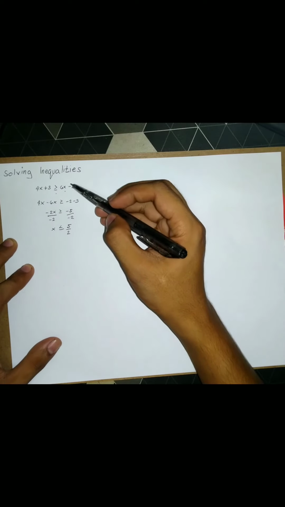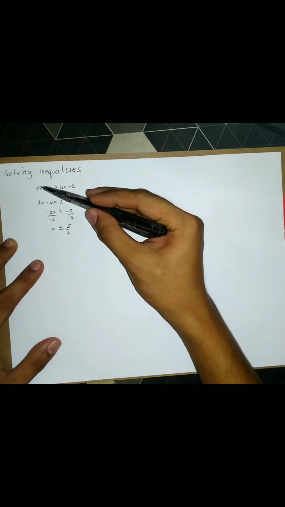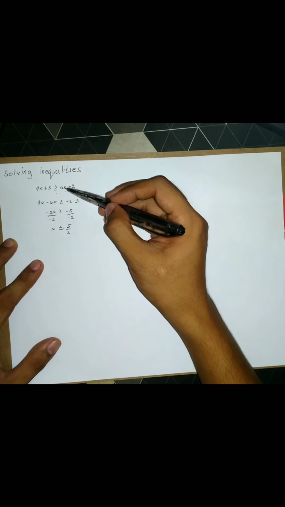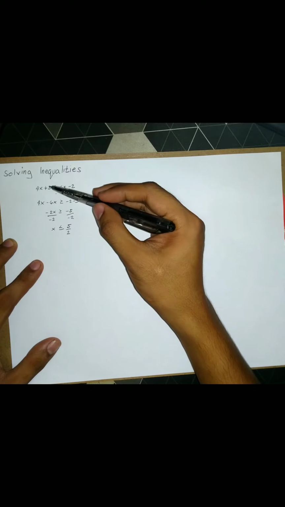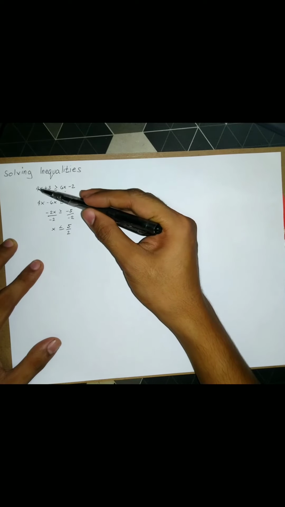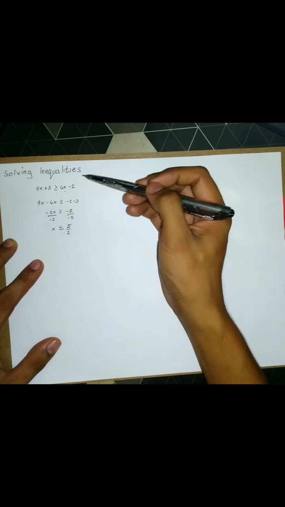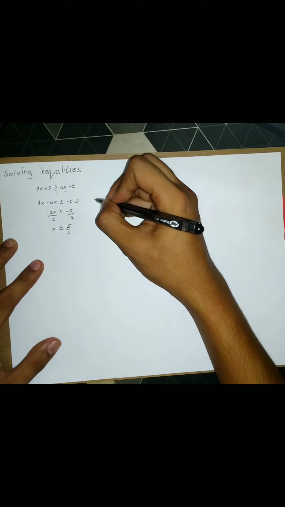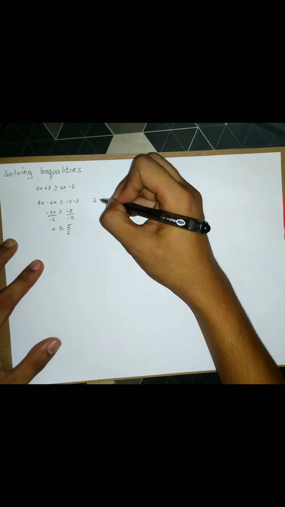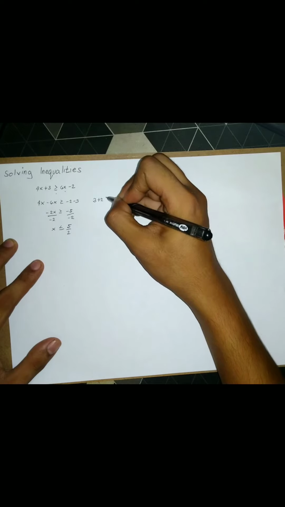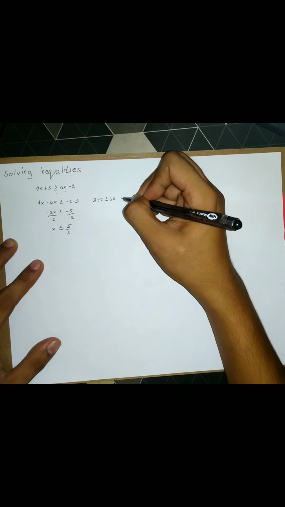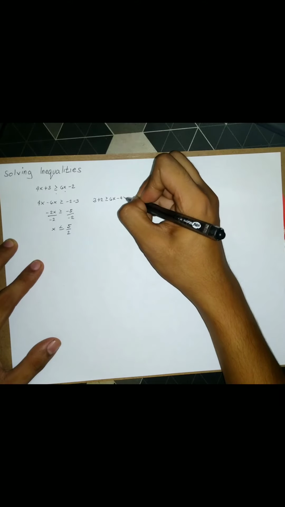Observe, what if instead of transposing 6x from the right side to the left side, I transpose 4x from the left side to the right side? So our equation becomes 3 plus 2 is greater than or equal to 6x minus 4x.